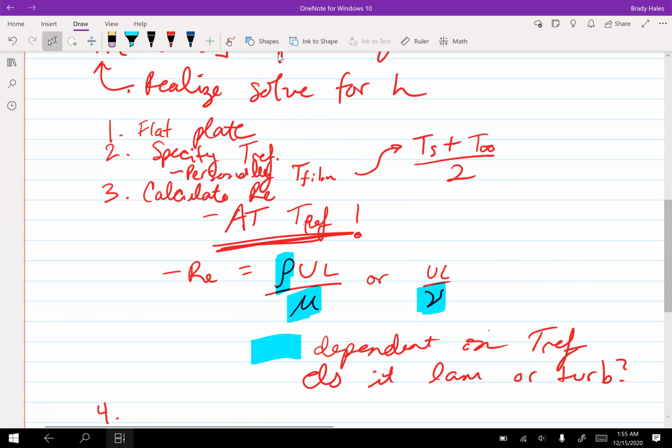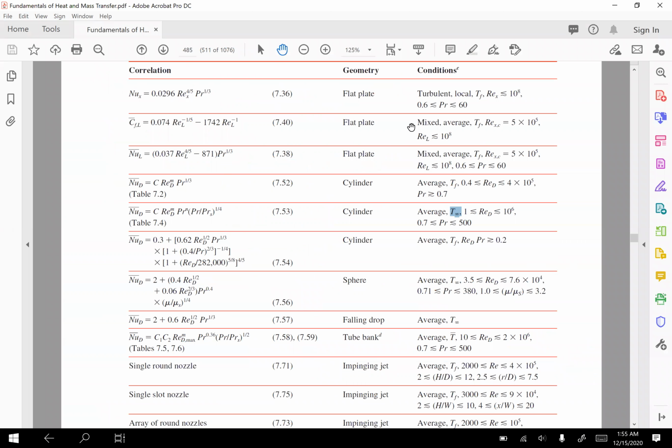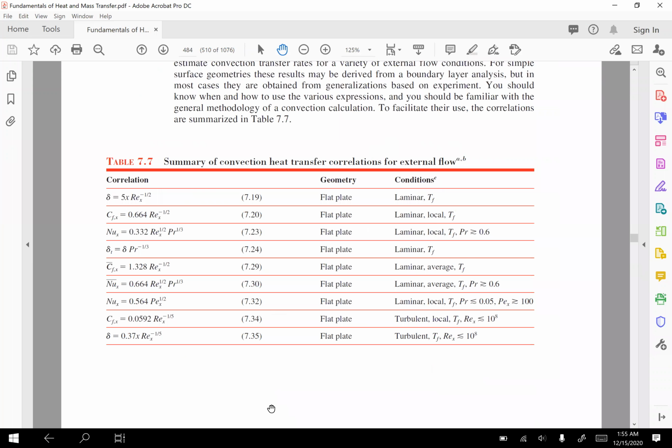And I can see that here, right? So for a flat plate, got the reference temperature, make sure you meet the conditions with the Reynolds number, the Prandtl number. If it's turbulent, you can use the 736, right? If it's laminar, then you would use something here, 730 or 732, right?